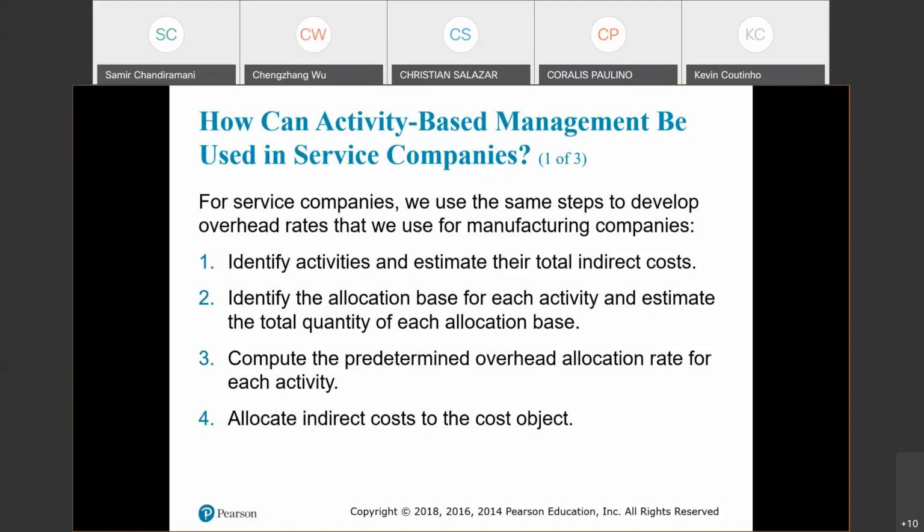Third, to compute the predetermined overhead allocation rate for each activity. And lastly, we should allocate the indirect cost based on the predetermined allocation rate and the quantity of activities that incurred on each specific step.